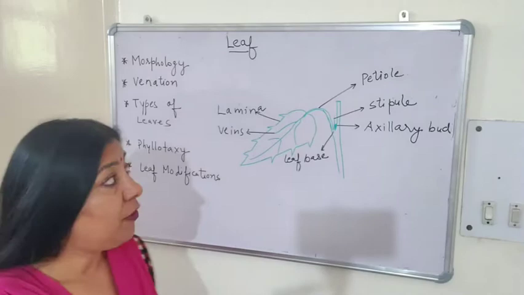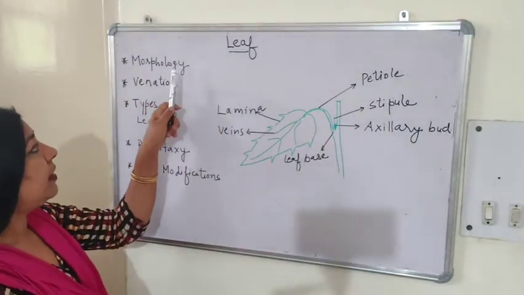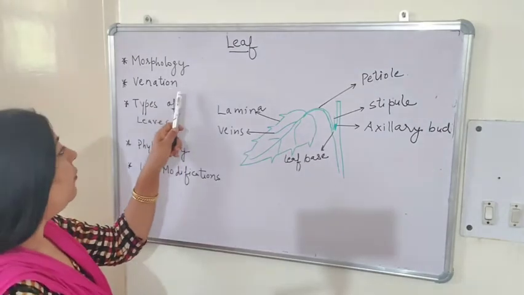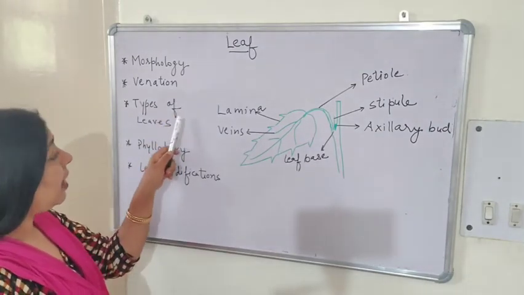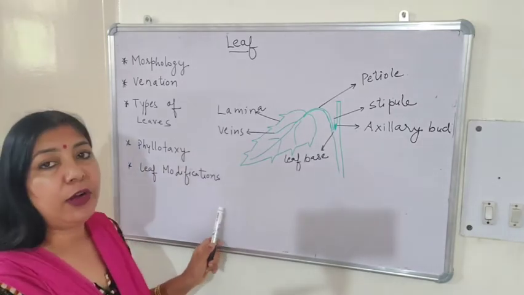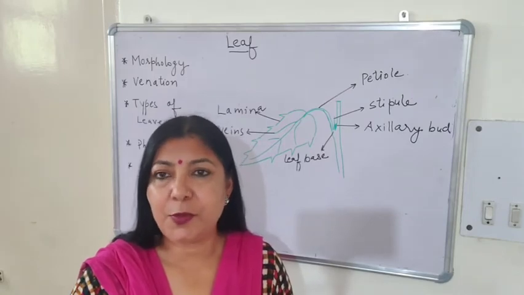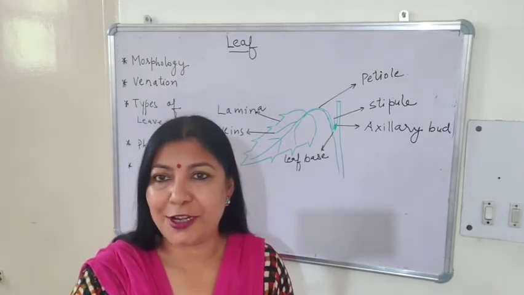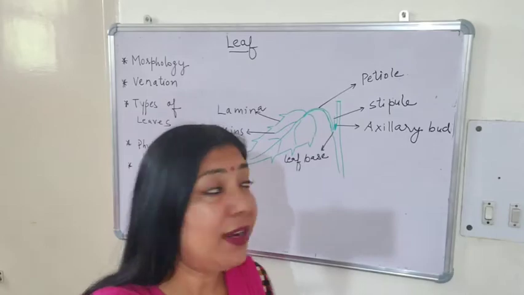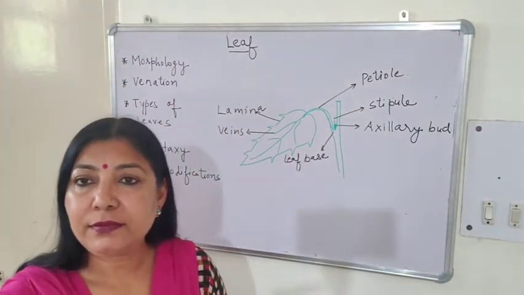Today we will be studying about the leaf: its morphology, venation, types of leaves, phyllotaxy and leaf modifications. And you will understand it with interest because I will sustain your interest. Okay, so let's first begin with morphology of leaf.